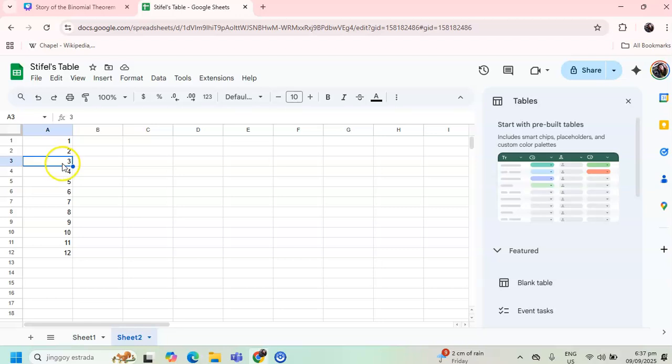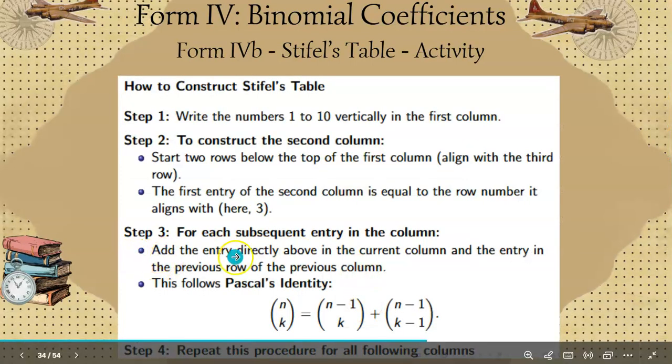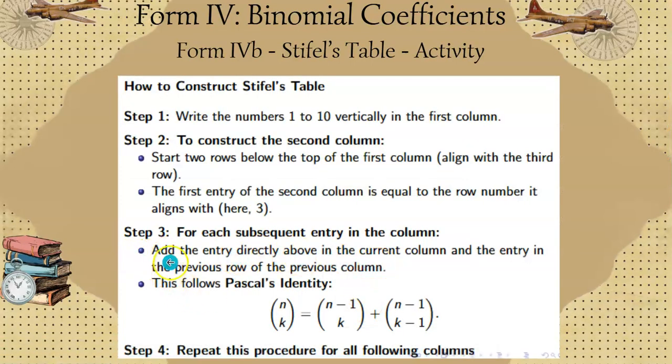It's 3. So we start here, we count row 1, row 2, so row 3. We start at row 3 for the second column, and then the number here will be the same as the previous column at that particular row. So that's 3.